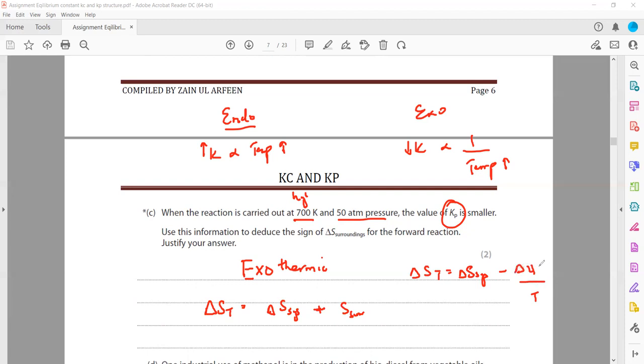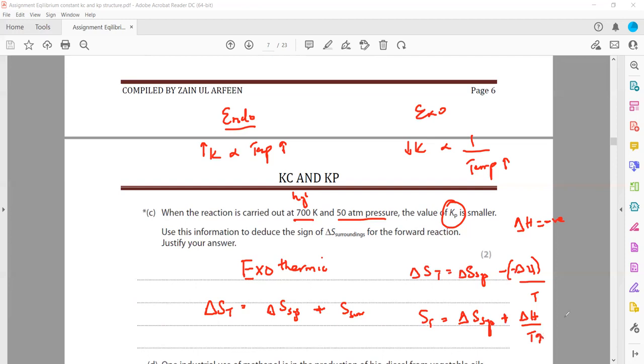And if the reaction is exothermic, what will be the value for delta H? The delta H will be negative. So for an exothermic reaction, delta H is negative, so minus minus becomes plus, so it will be plus delta H by T. So what happened to the total entropy as we are increasing the temperature?